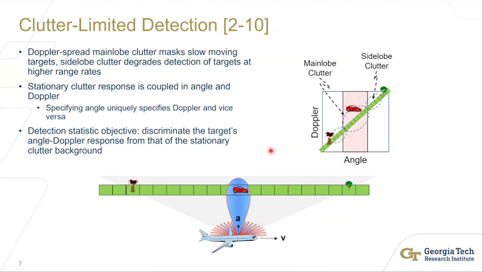So okay, in the example you gave, hopefully this helps. If you imagine a particular range of interest, suppose we're looking at a moving target in the center of the beam, but there's a large building here. The building will show up on the clutter ridge here, but the target falls off the ridge. But the response of that building is usually so much stronger than the target that its response would swamp out finding the target.